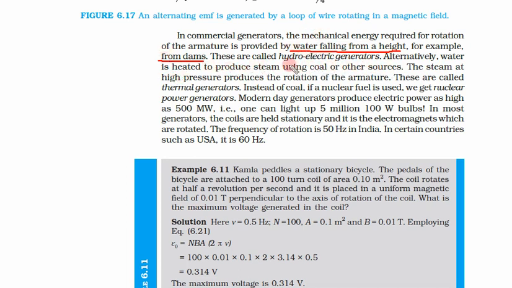These are called hydroelectric generators. Or we can heat water to produce steam, and this steam can be generated with the help of coal or other sources that we burn. Steam at high pressure produces the rotation of the armature. So with the help of steam we rotate this armature or coil.